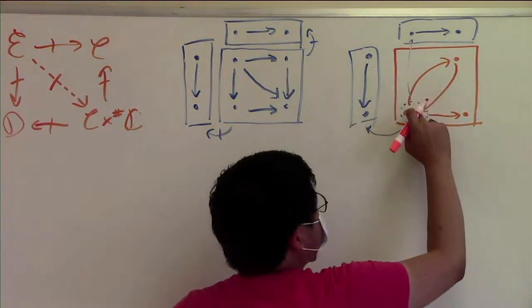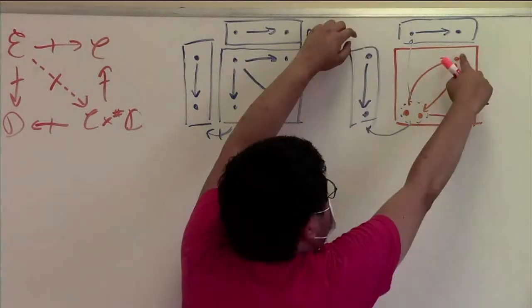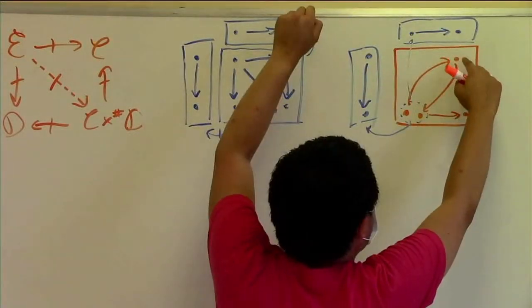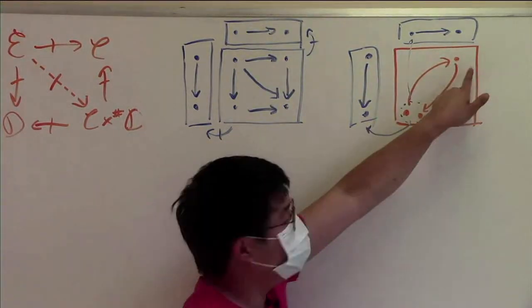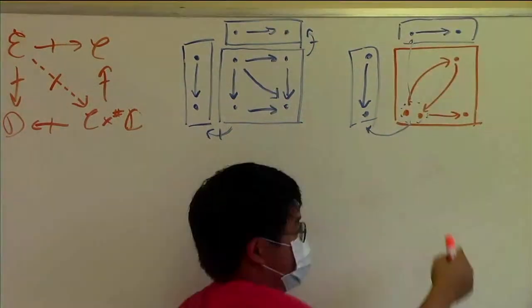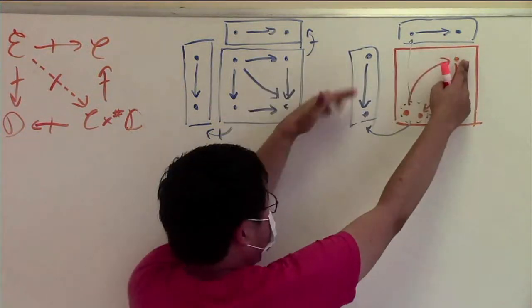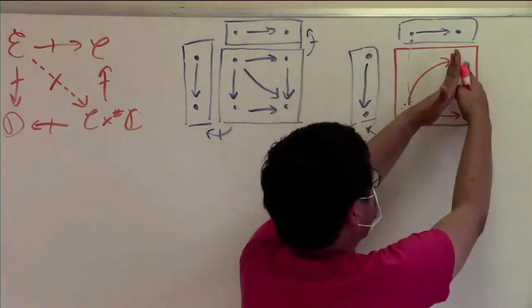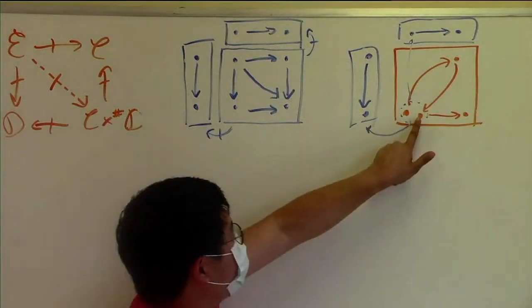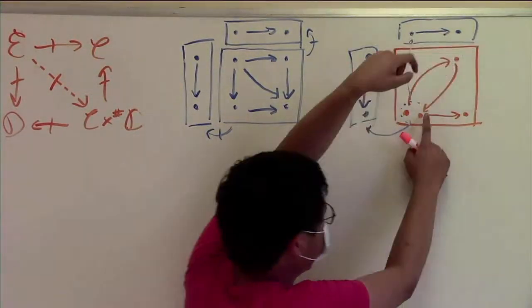I think that's the only choice you can make. Now, if you're here, you project to here. There's no non-identity arrows out of here, so that's safe. But if we project to here, there's a non-identity arrow here. That's where we're going to lift up to this arrow. And finally, if we're here, we don't have to worry about this. But here, we have an arrow telling us that we go this way. And so we're going to go this way.